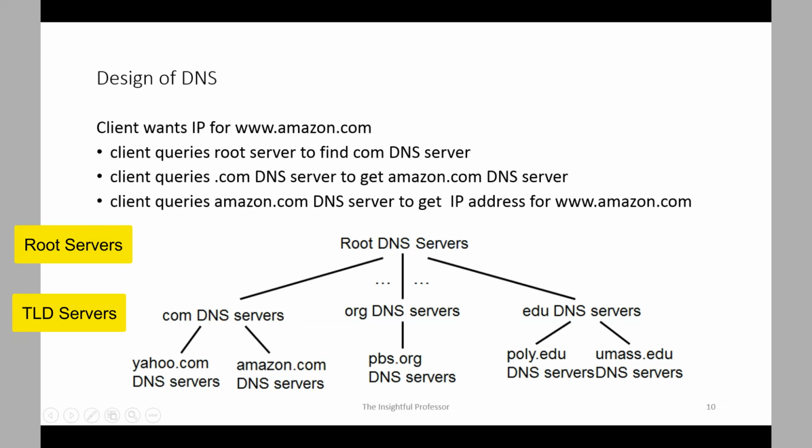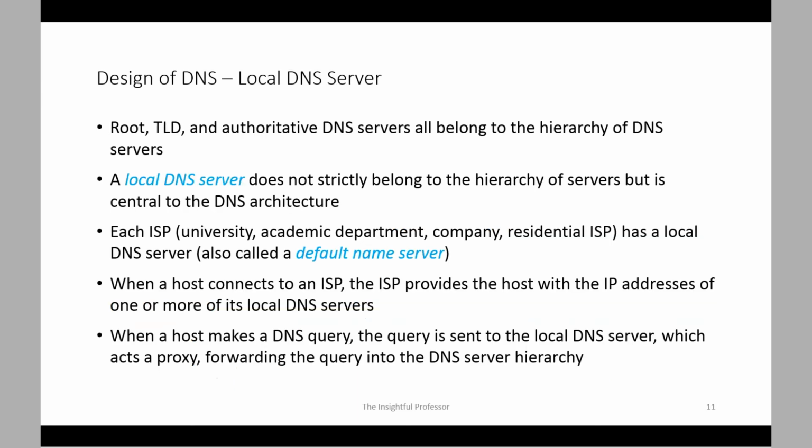This is the TLD, and it gets Amazon.com's DNS server, and then it queries Amazon.com's DNS server to get the address for www.amazon.com. So at the three levels, we're seeing the root server, we're seeing the TLD servers, and then we're seeing what are called authoritative servers.